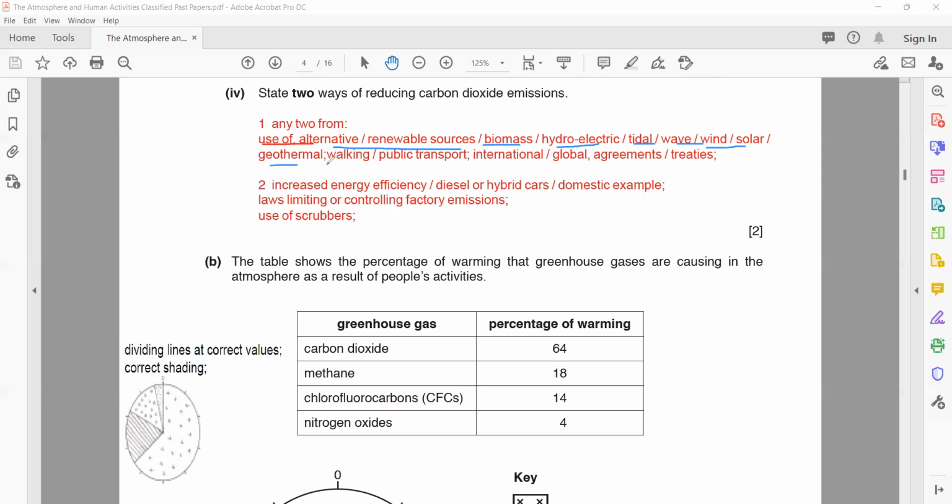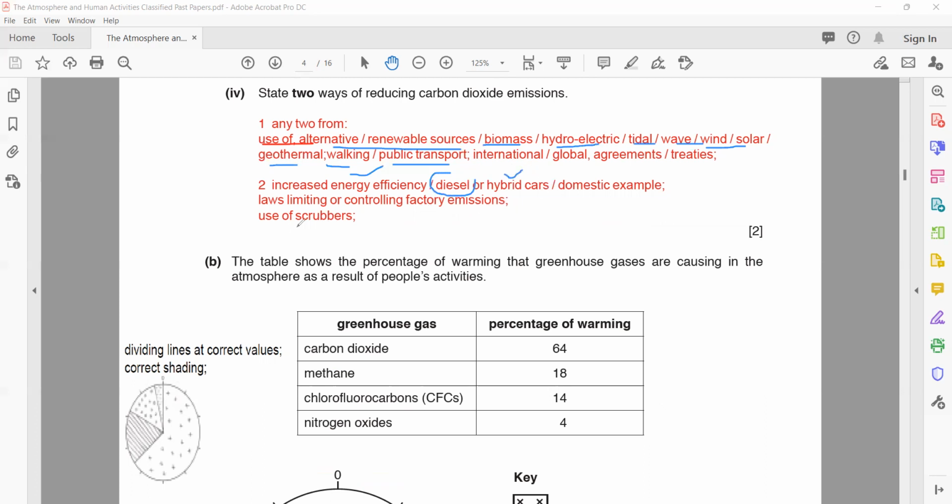Instead of using cars, people should walk, they should use public transport, and international agreement laws should be there so they can reduce the production of carbon dioxide. Or you can use devices which are more energy efficient. Instead of diesel cars, they should use hybrid cars.